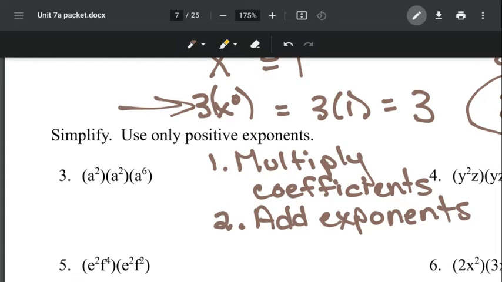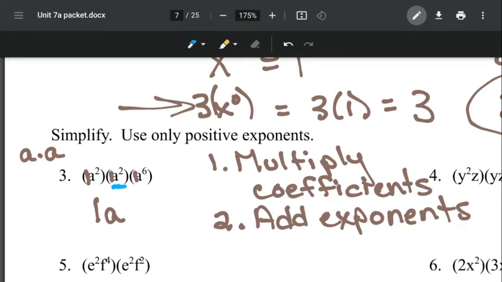So in this case, for question 3, we have a squared times a squared times a to the 6th. Now, if you wanted to multiply the coefficients, I lost my pen, they're actually invisible ones. 1 times 1 times 1 is 1. Now, the reason why you add, the first one I have is a squared, okay?